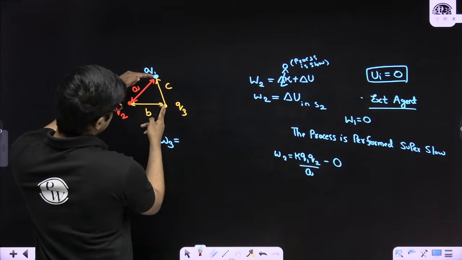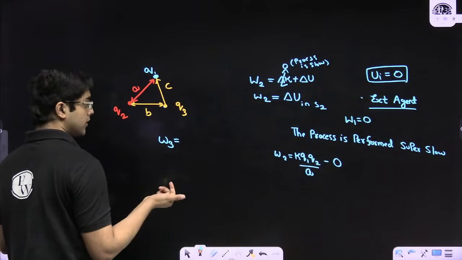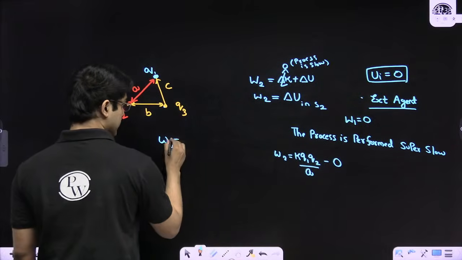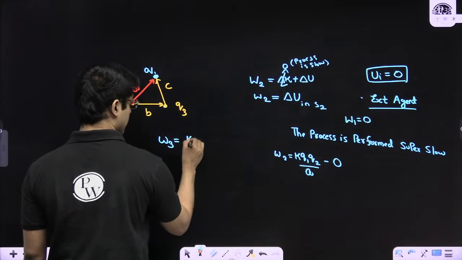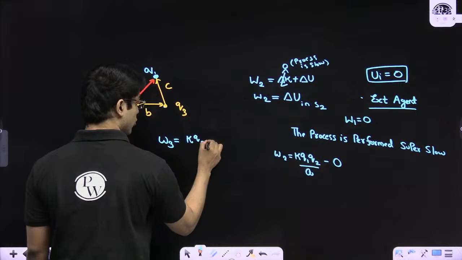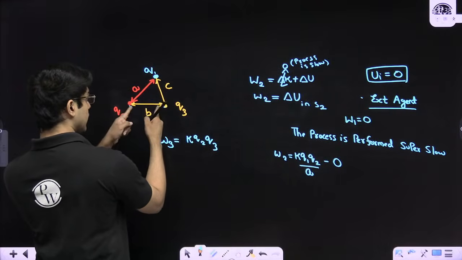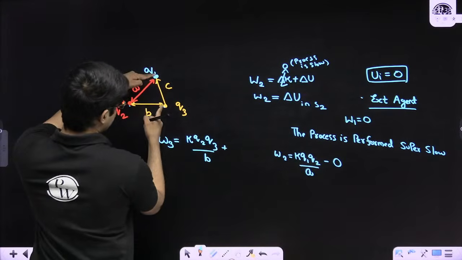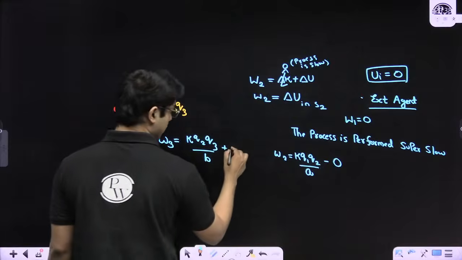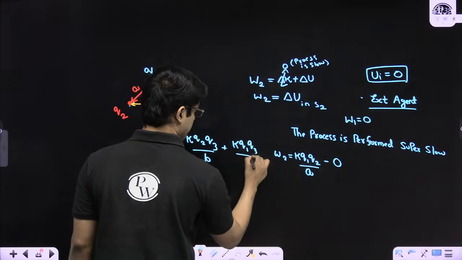Now Q3 will interact with Q1, and Q2 will interact with Q3. Those were the extra terms that got added. So in step 3, the work done by the agent will be K Q2 Q3 divided by B, and then K Q1 Q3 divided by C.